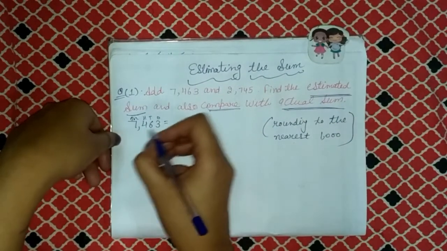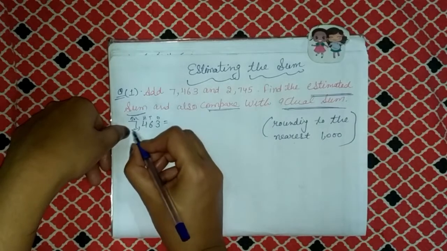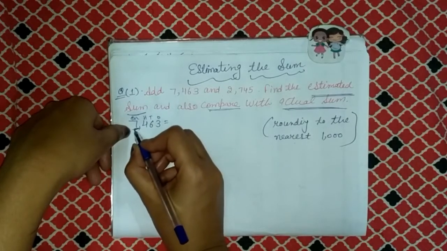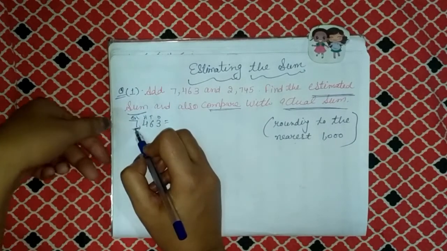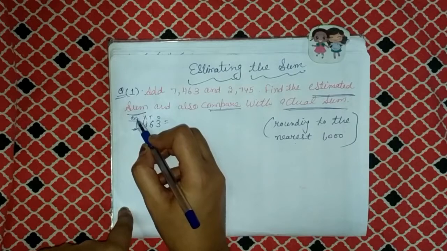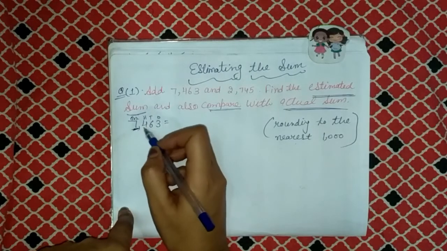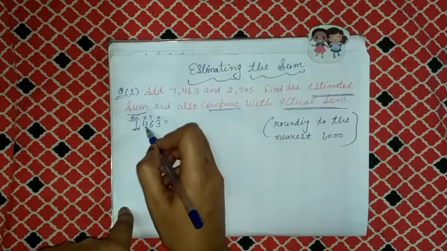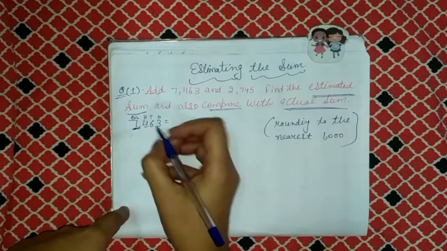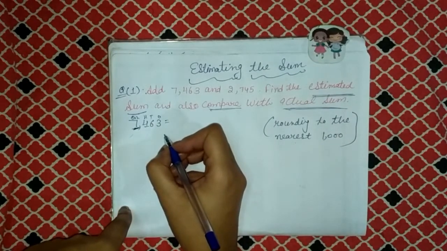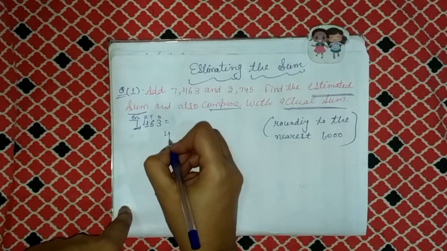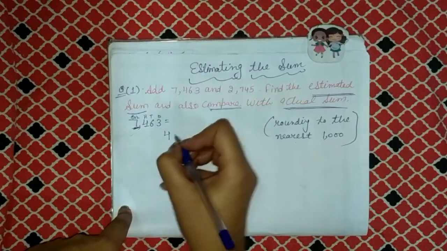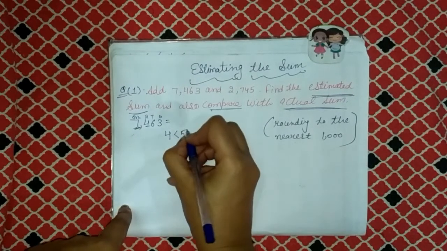So same step. Firstly, we have to round off this to the nearest thousand, and at the thousand place we are having 7, correct? So we will go to the right side, next digit. Okay, next digit is 4. Is it greater than 5 or smaller than 5?